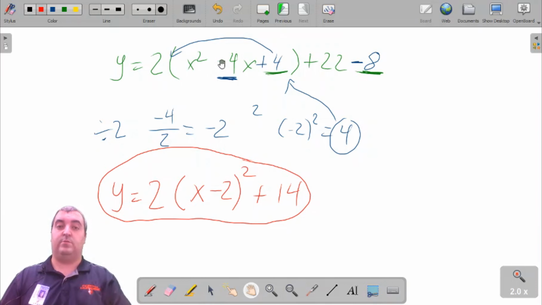Divide the middle, the linear coefficient by 2, and then square it. And that's the number you complete the square with. We can't just add something though. To keep it the same, you have to subtract. So then you would multiply it by the number you factored out, and then subtract it, and then simplify and factor, and you get it right into vertex form.